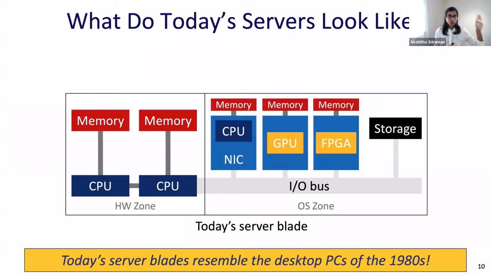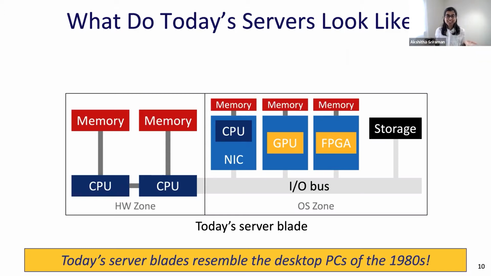Now, of course, that was only a simplistic view. There's this glorified server blade today that looks slightly different from the simplistic cartoon that I showed you before, where maybe you might have a smart NIC with its own compute capability and its own memory. Maybe you have some accelerators, like a GPU, for example, which has its own memory.